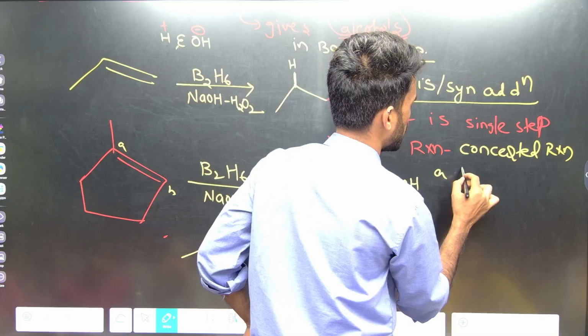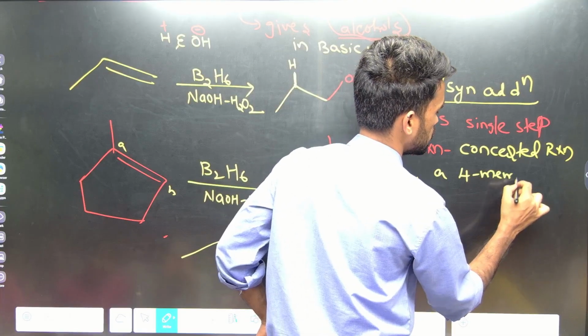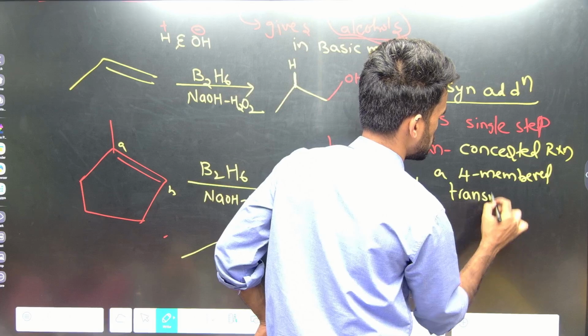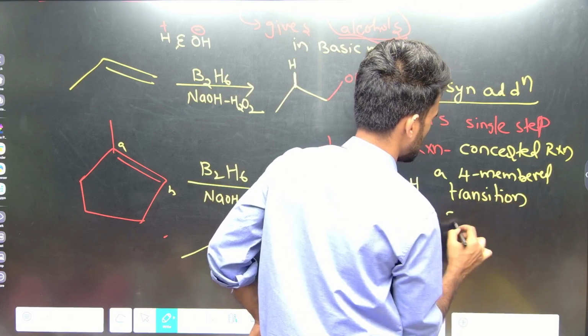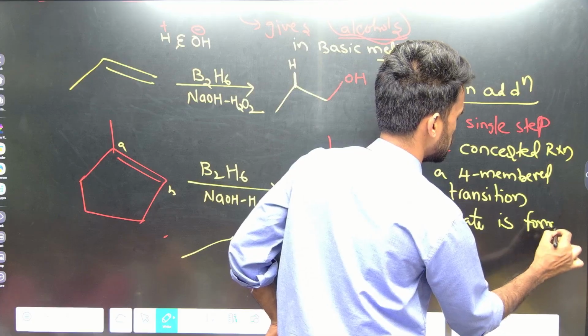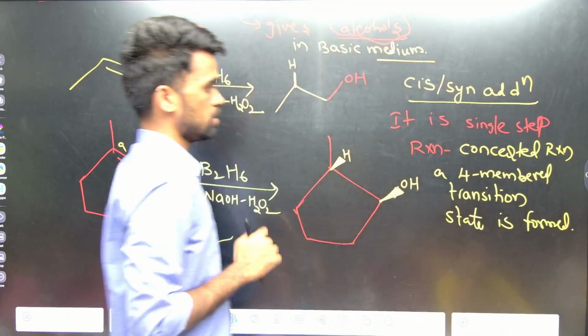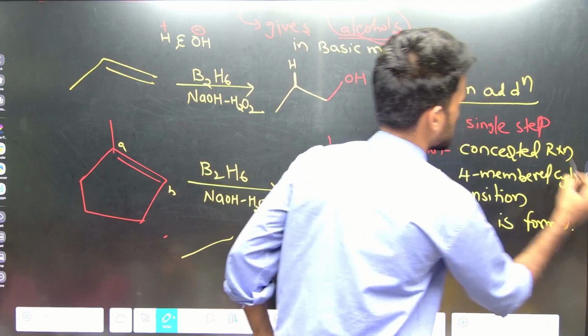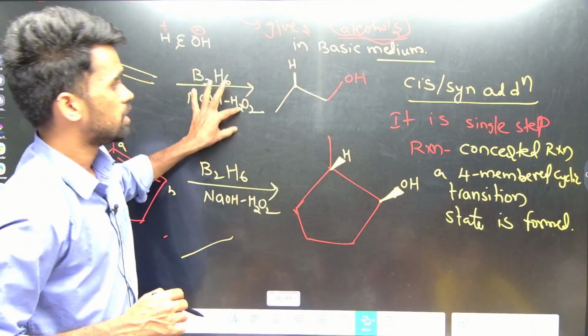A four-membered cyclic transition state is formed. Okay.